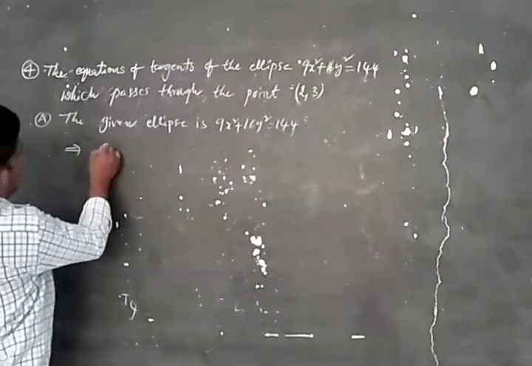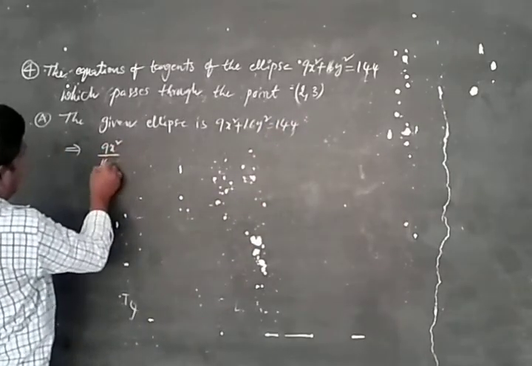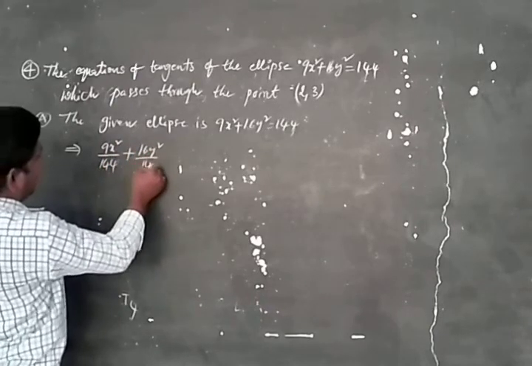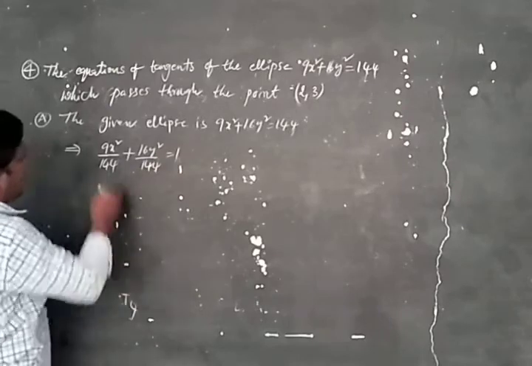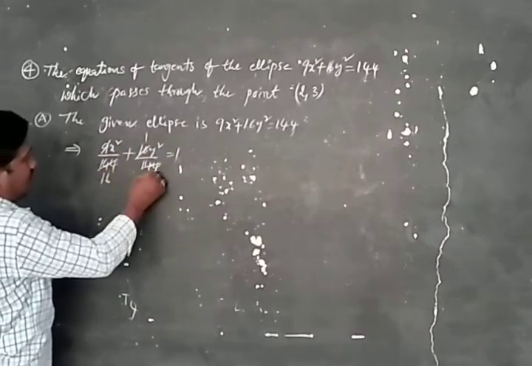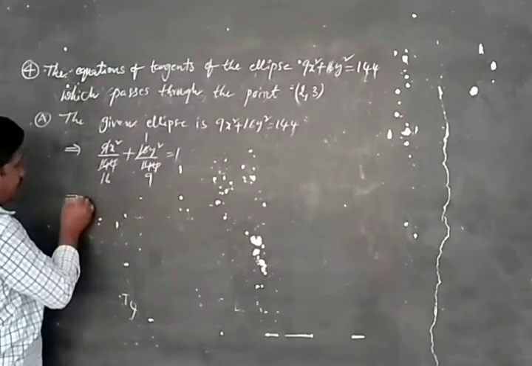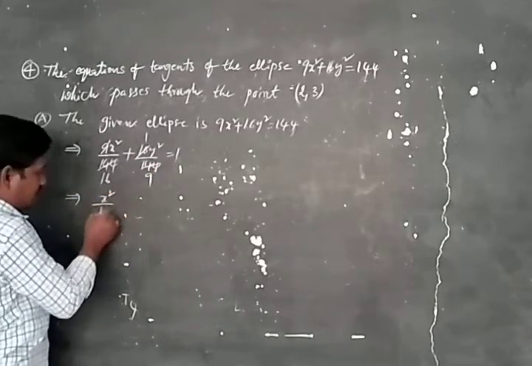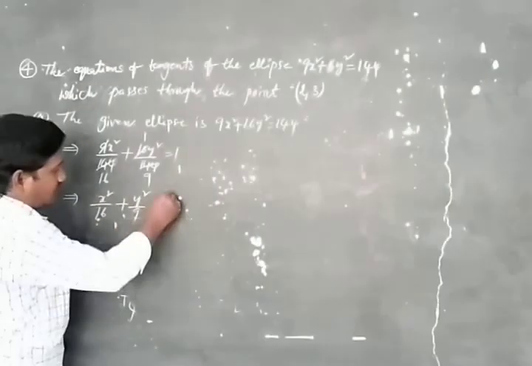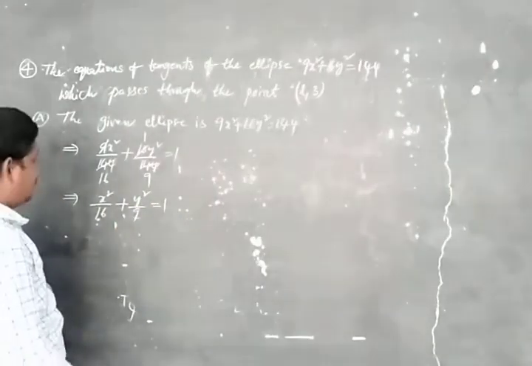Dividing by 144, 9x square by 144 plus 16y square by 144 equal to 1, which gives x square by 16 plus y square by 9 equal to 1.